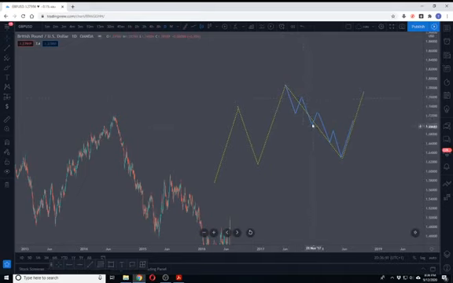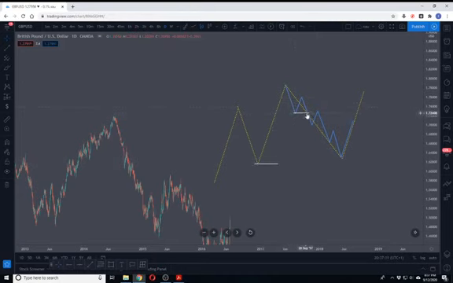On the 4 hour, it breaks structure, it broke structure there. This structure point got broken, so on the 4 hour we've gone bearish, but this daily structure needs to be taken out before we can say we are bearish on the daily.